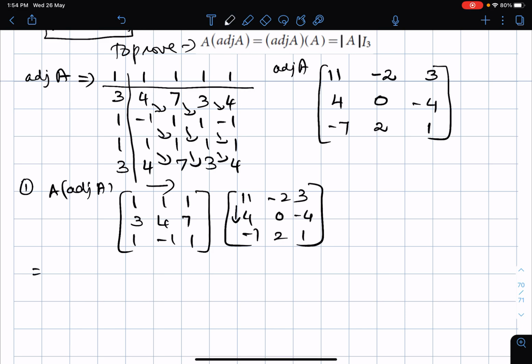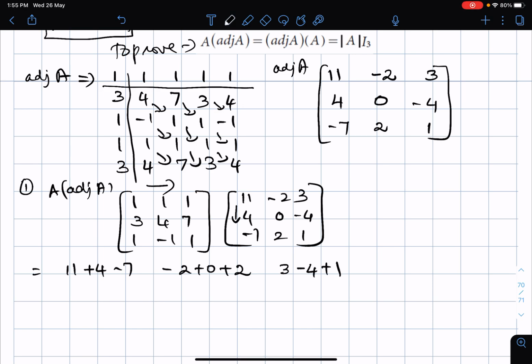So what is going to be your first element? 11 plus 4 minus 7. Second one, first row into second column, minus 2 plus 0 plus 2. First row into our third column, 3 minus 4 plus 1.